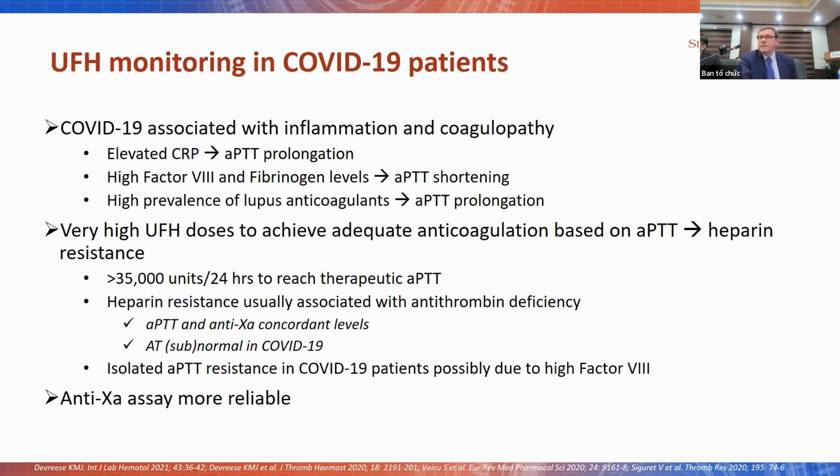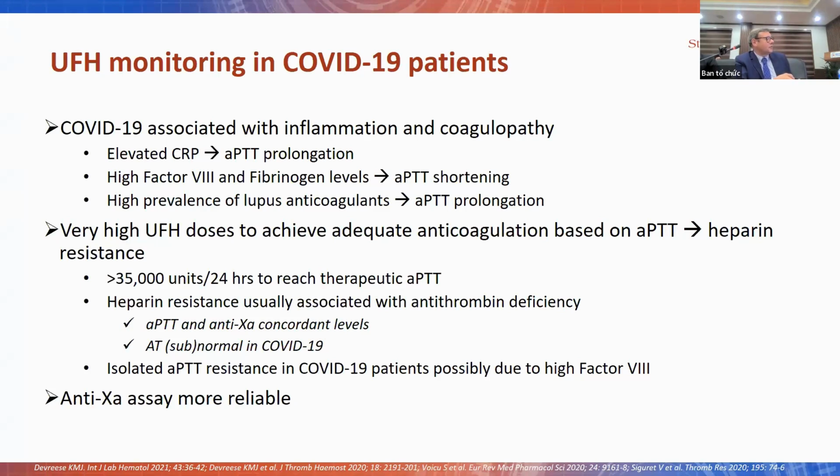Also, in recent years, we have faced the COVID-19 pandemic, and those patients had very elevated CRP levels, but they also had high factor VIII and fibrinogen levels and a high prevalence of lupus anticoagulants. Altogether, this renders the APTT result quite difficult to interpret for unfractionated heparin monitoring.